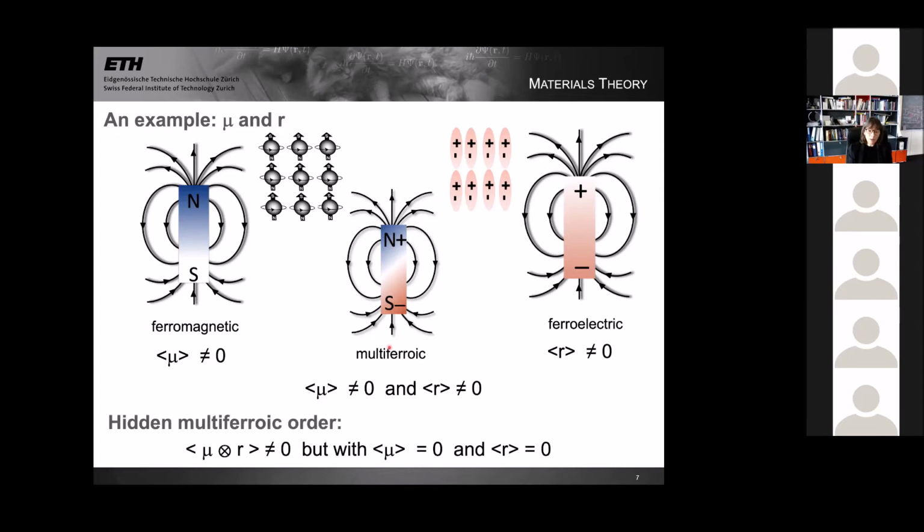But what I want to talk about today is a kind of hidden multiferroic order, or magnetoelectric order, in which there is no net magnetization, so the expectation value of the magnetic dipole is 0. There's no net electric polarization, the expectation value of the electric dipole is 0, but the product, this composite order between magnetic and electric dipole moment, is non-zero.